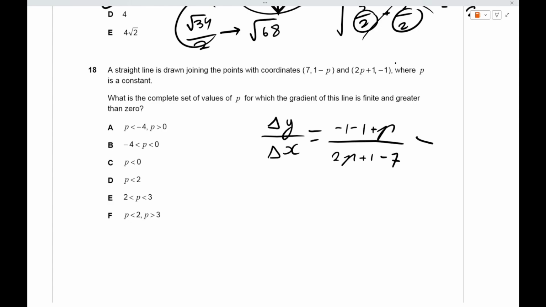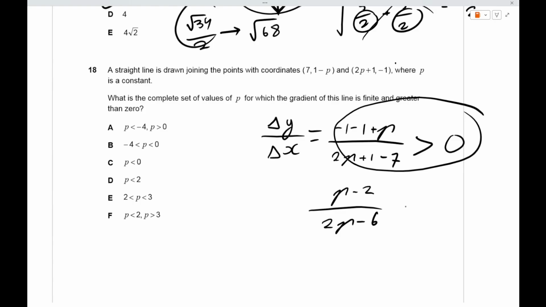It has to be more than 0. So it's going to be p minus 2 over 2p minus 6. Okay, so see, you wouldn't be writing this down. You would just go directly into this.